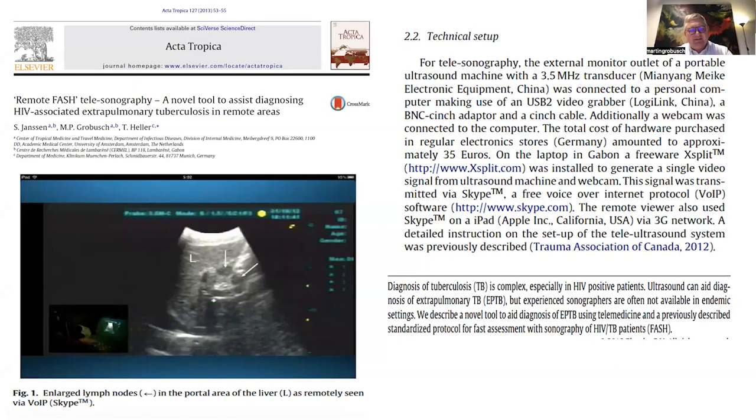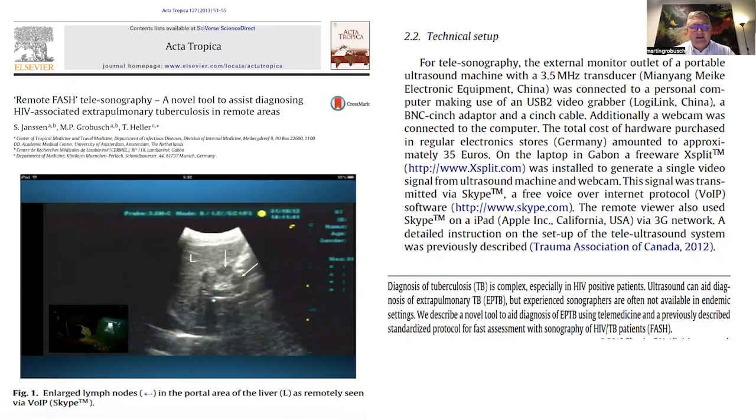But in some places, it might be very important to use techniques like this one, which we called remote FASH. This is an acronym which refers to the fast assessment of HIV positive patients with a suspicion of tuberculosis. But the point we want to make here is that it is well possible in most settings to set up training schemes where people who are working on the ground might be trained with relatively limited input in terms of time by somebody who is watching remotely.